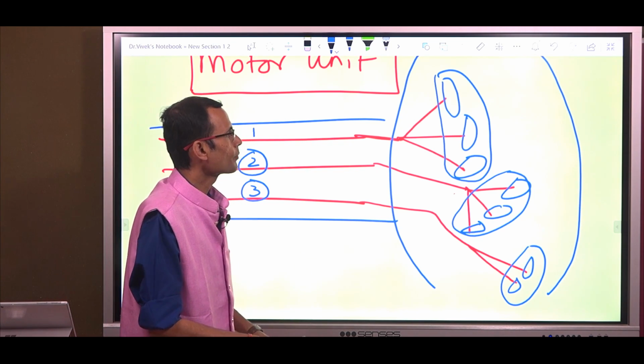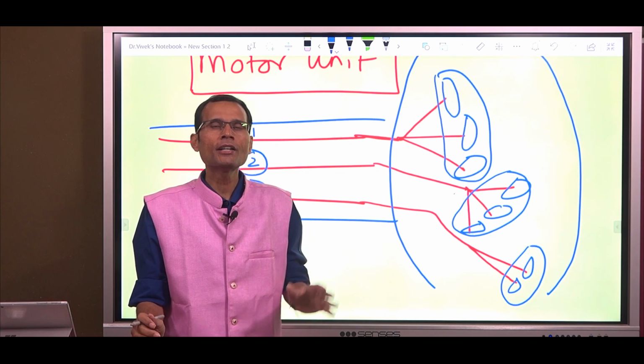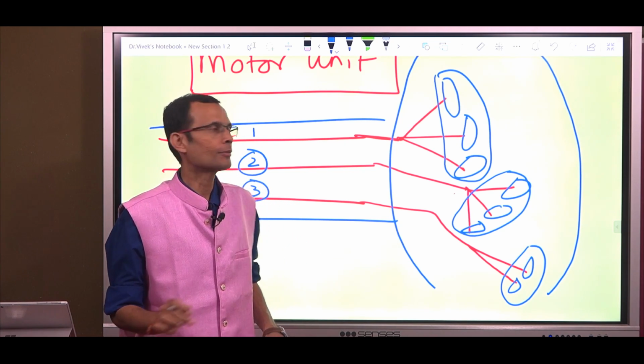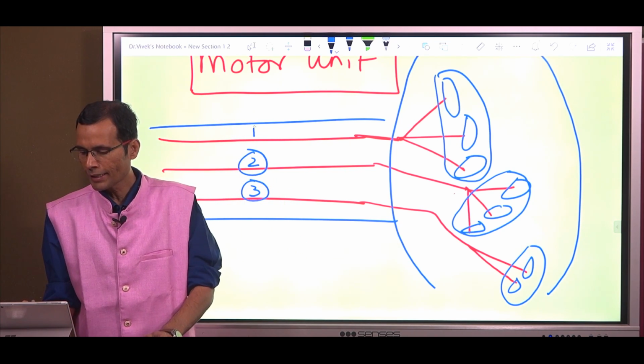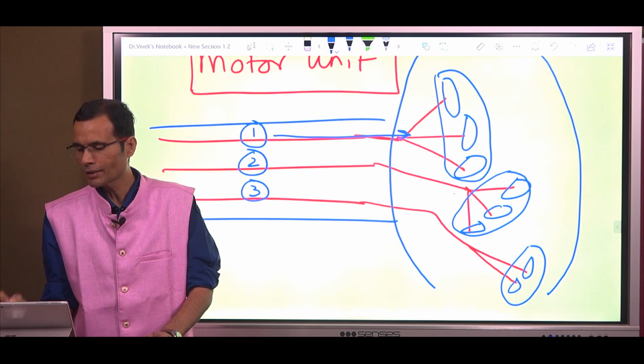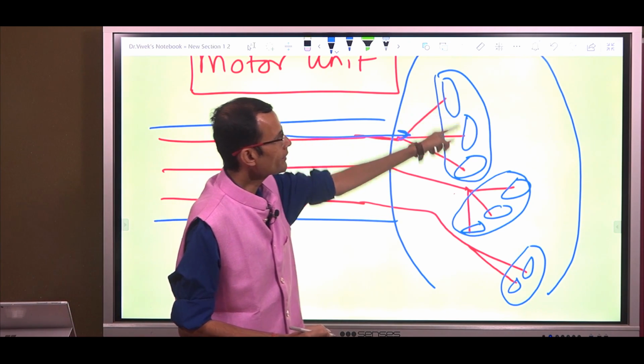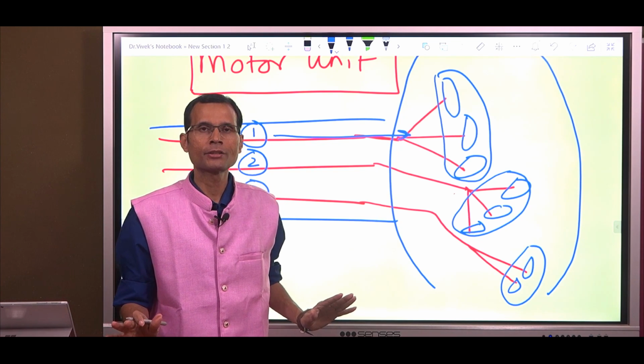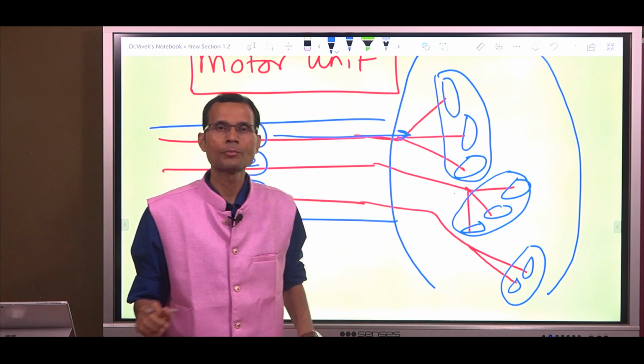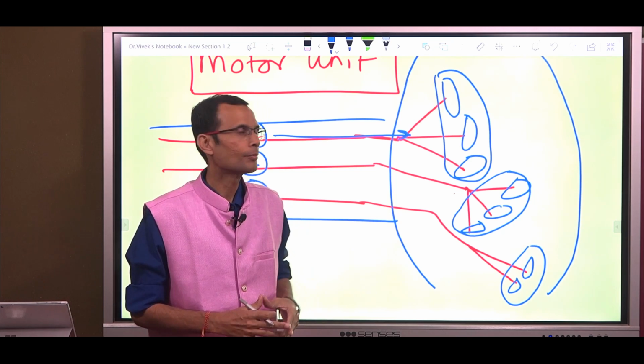It means, let's say we need a minimal muscle contraction. Then let's say this motor neuron will send the signal, and these 3 muscle fibers will contract in that particular muscle. Minimal contraction.